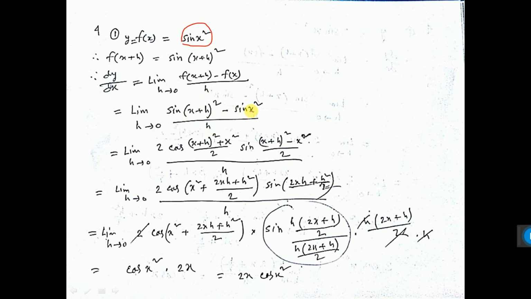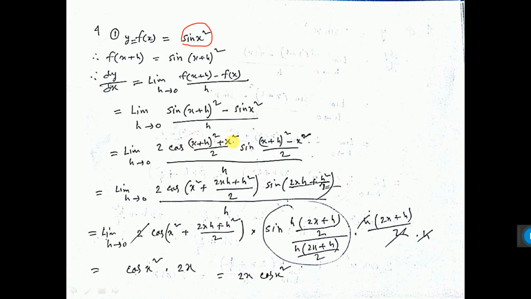Now apply the sin C minus sin D formula. The formula is 2 cos (C plus D) by 2 into sin (C minus D) divided by 2, and this h was there. Now this one, if you apply the formula (a plus b) whole square, x square plus 2xh plus h square, plus x square.